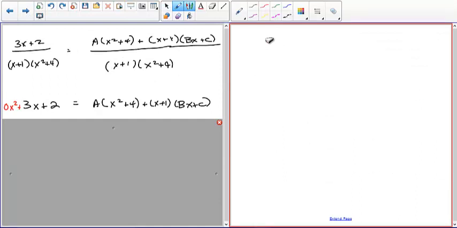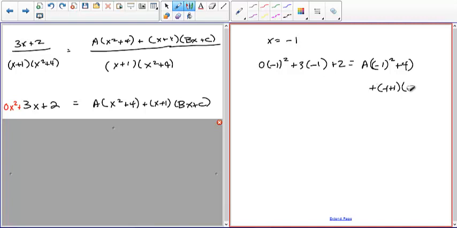So if I did let x equal -1 to make that term go to 0, I'd have 0 times -1 squared plus 3 times negative 1 plus 2 is equal to a times negative 1 quantity squared plus 4, and then plus negative 1 plus 1 times this term. Because that's 0, it doesn't really matter what that second term is.